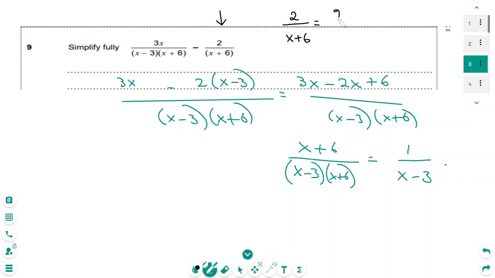So in this case, this fraction is 2 bracket x minus 3 over x plus 6 bracket x minus 3. And you see now I have the same denominator, and now I can combine the two fractions into a single fraction, and after multiplying the brackets, as you see on the screen, I have x plus 6 over (x minus 3) times (x plus 6). The x plus 6 cancel out, and what is left is this single fraction, 1 over x minus 3.